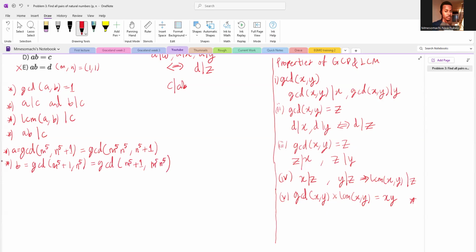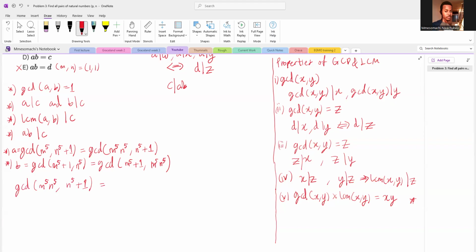So these two statements are very analogous. So I'll just prove for one statement and the very similar argument holds for the next statement. Okay, so we have that, so basically the GCD of m to the power of 5, n to the power of 5, and n to the power of 5 plus 1.